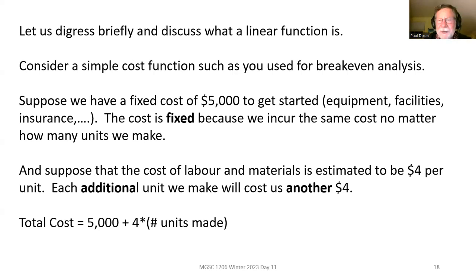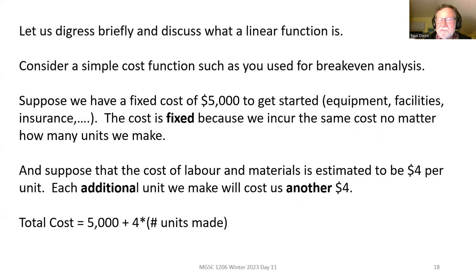But surprisingly, a lot of people still don't quite understand what their straight line is telling them. So let's use a very simple cost function. It's got a fixed cost, say $5,000 to start up, a startup cost. It's fixed in the sense that no matter how many units you make, you're still stuck with the cost of $5,000. You make 1 unit or 1,000,000 units, you still have to start out spending $5,000.